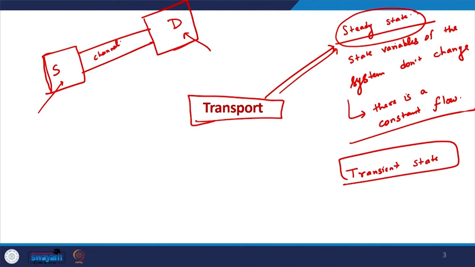So that's why even in case of transport, even when we have, for example, applied a voltage across the device, we have put a battery across the source and the drain, in that case the battery will maintain a voltage difference between the source and the drain, and that voltage difference, as we have also seen in our previous classes, maintains the flow of current.